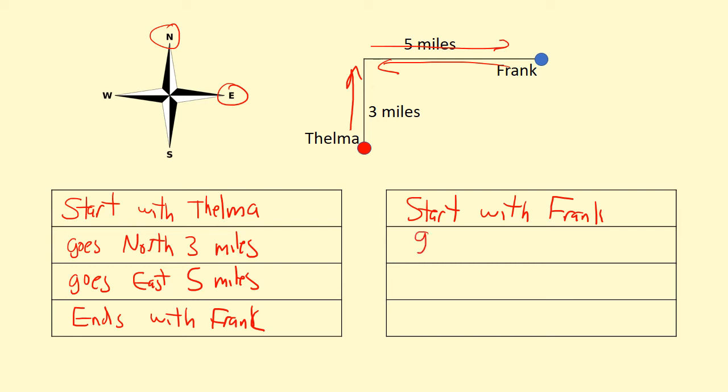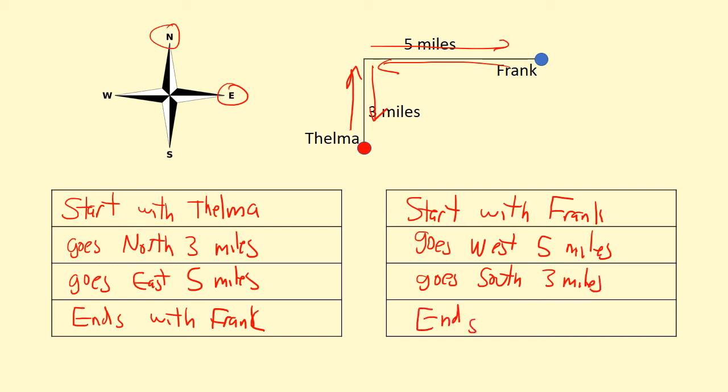So she goes west 5 miles. And then she takes a left turn and she goes south 3 miles. And then at the end, she ends at her own home.